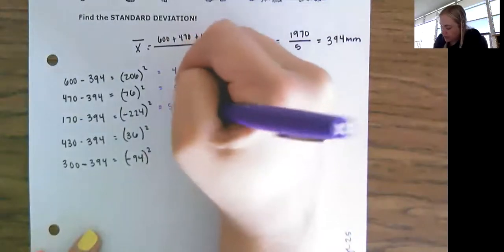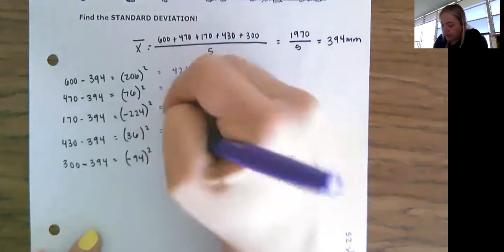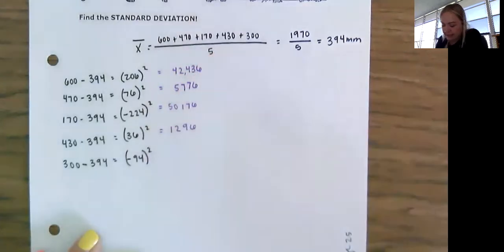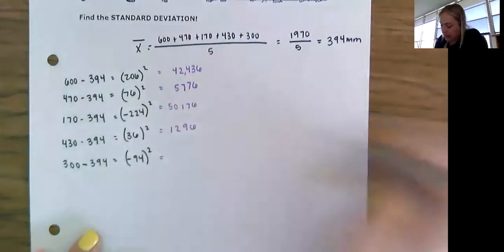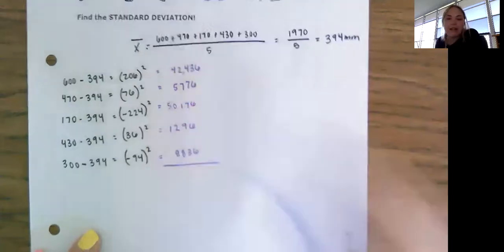The next one squared is 50,176. Then I have 36 squared is 1,296. And negative 94 squared is 8,836. All right, I want the average of these squares.